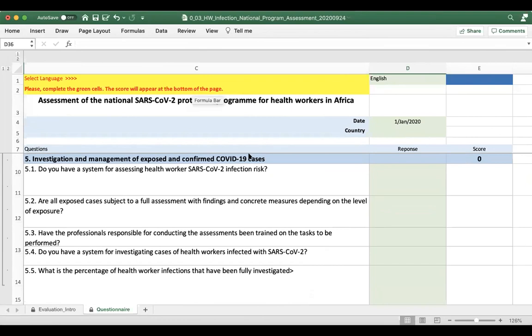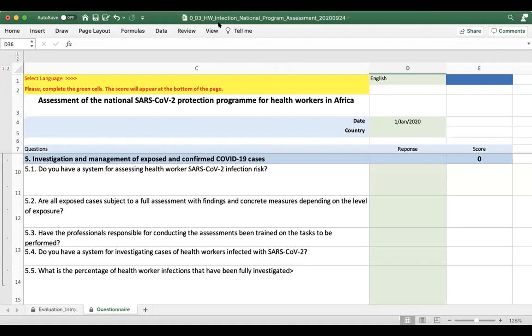What management mechanisms are in place? Are there investigation systems in place to identify IPC gaps that created the exposure in the first place? And last but not least, it asks about the percentage of health workers that have been investigated.